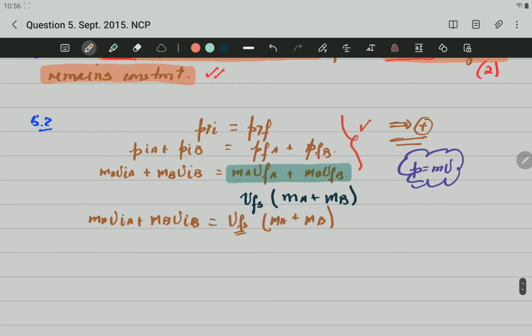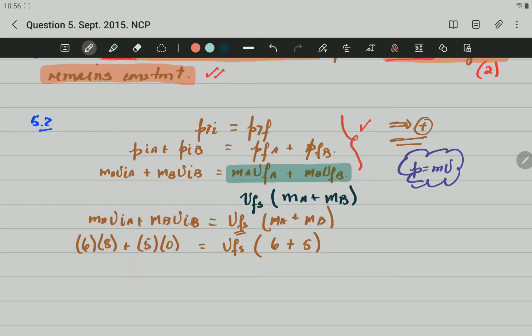The mass of object A is 6. The initial velocity is 8 meters per second, plus the mass of object B is 5. The initial velocity is 0, it is at rest, is equal to the final velocity of the system. You are looking for that one, multiplied by 6 plus 5.